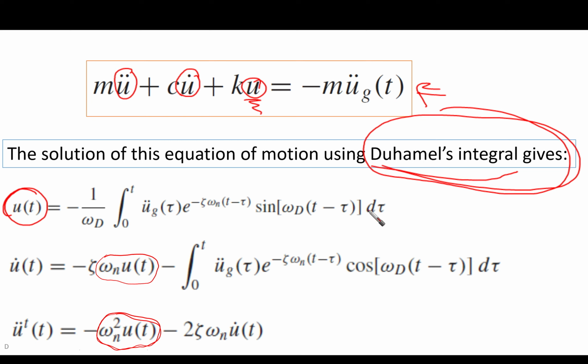Do not worry about the integration and do not worry about terms like t minus tau. What I want you to be interested in is the main parameters that control this u of t. One is omega d. This is d because it's not the natural frequency but the damped one, similar to omega n. Then we have the input motion. This is another. So we can say this is one.